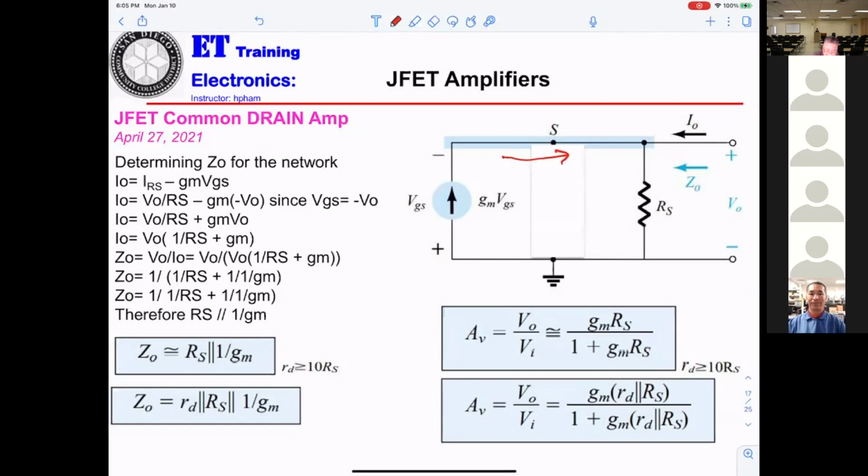That will be GM times VGS. That's what right here. Okay. My question is, where is V out?